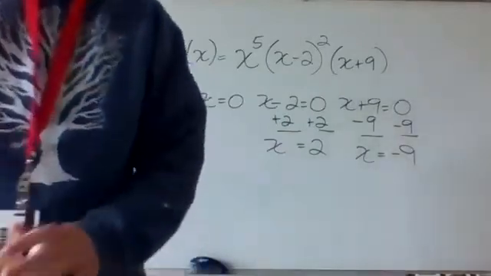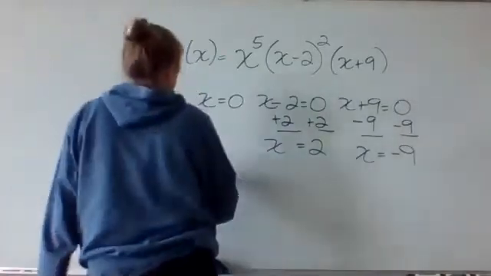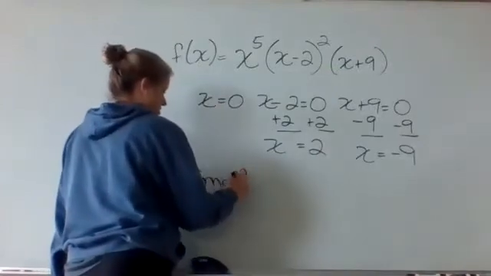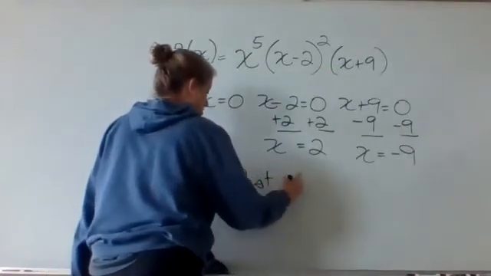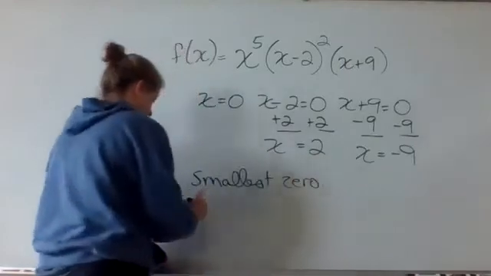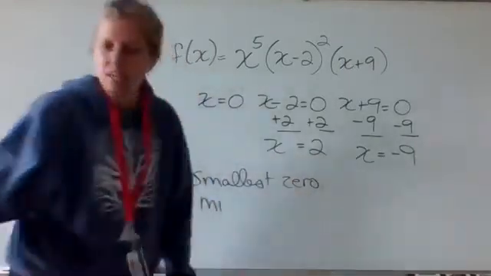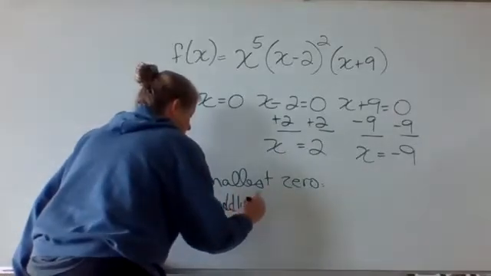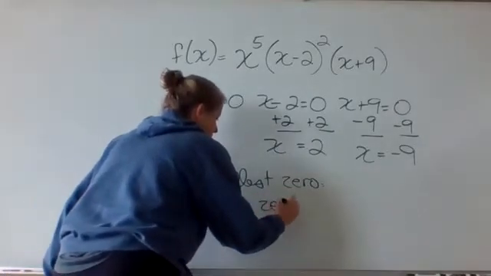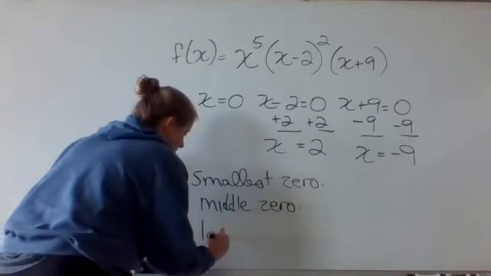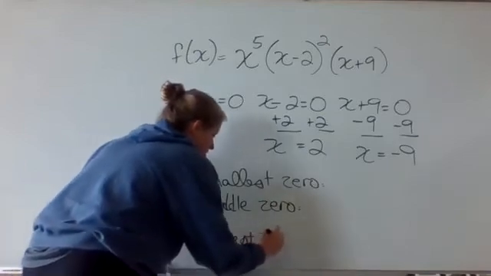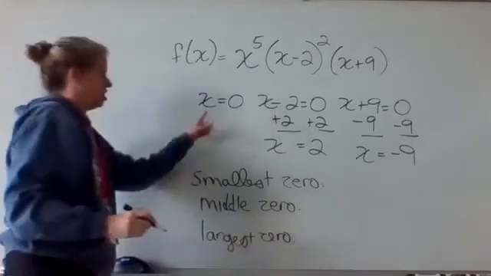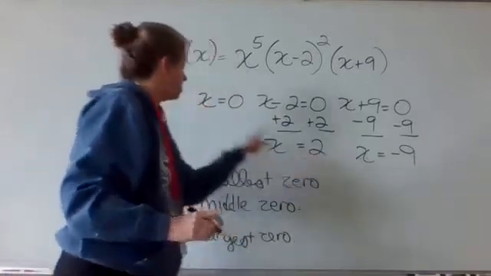And it asks it in a weird way. It says, what's the smallest 0? Then the middle 0, and then the largest 0. So in other words, these are your zeros: -9, 2, and 0.